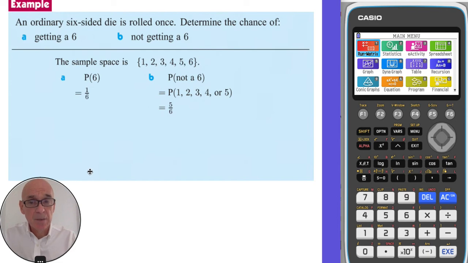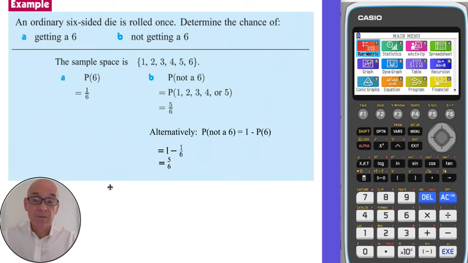To calculate the probability of not getting a 6, we can identify all the outcomes that are not a 6: 1, 2, 3, 4, or 5. So the probability of not getting a 6 would be 5/6. Alternatively, we can subtract the probability of getting a 6 away from one whole. So the probability of not getting a 6, again, is 5/6.